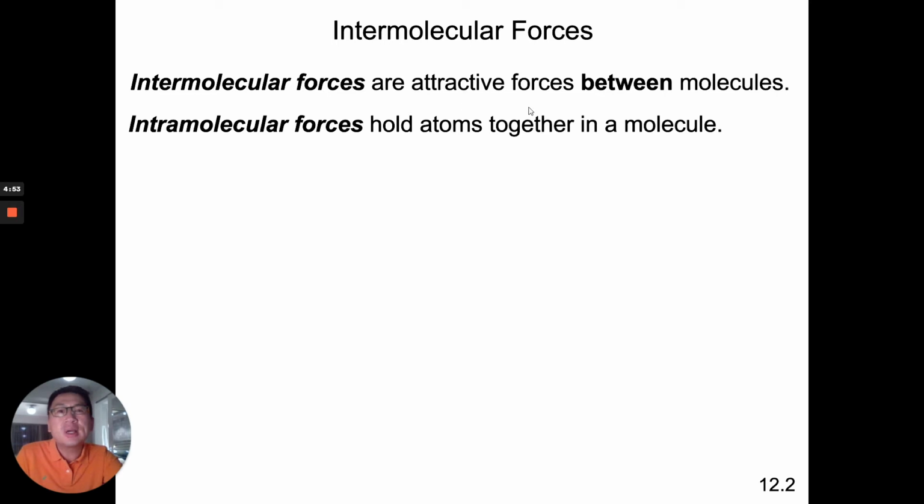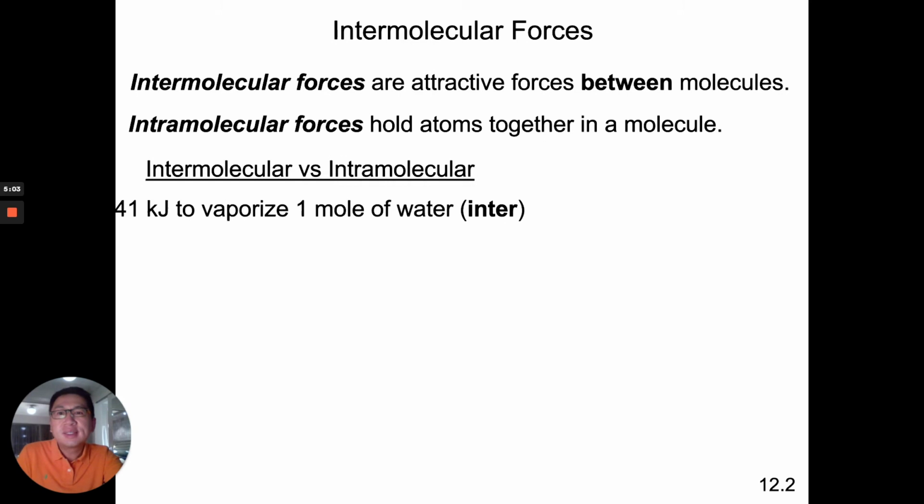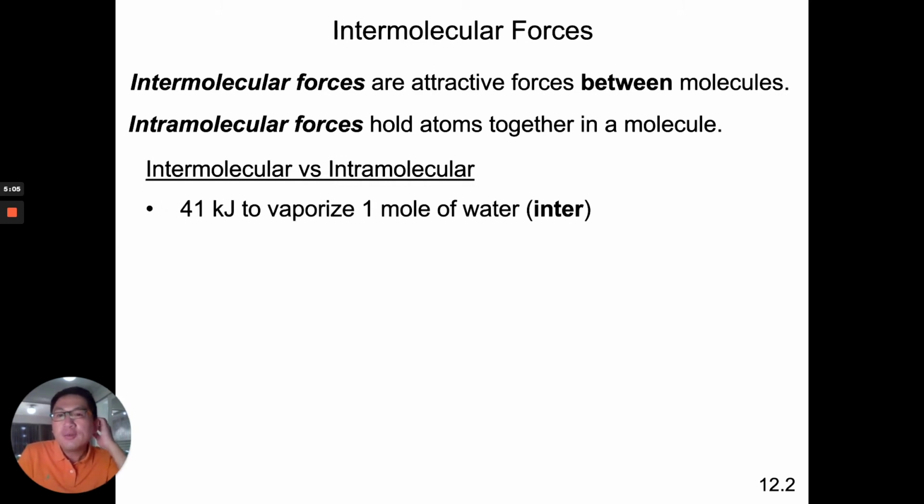Intermolecular forces are attractive forces between molecules. Usually there will be attractive forces. I'm not saying there is not any repulsion, but in general, there are going to be attractive forces. So if we're talking about the force to vaporize a mole of water, it's an intermolecular force. Why? Because of the forces that hold it as a liquid versus a gas. The gas molecules are far apart from each other.